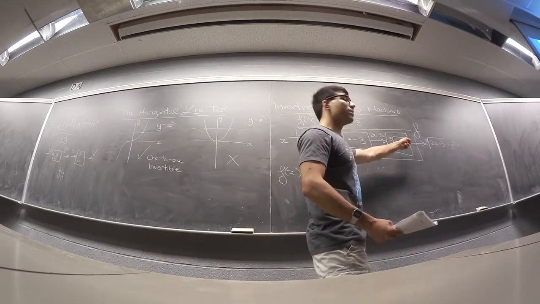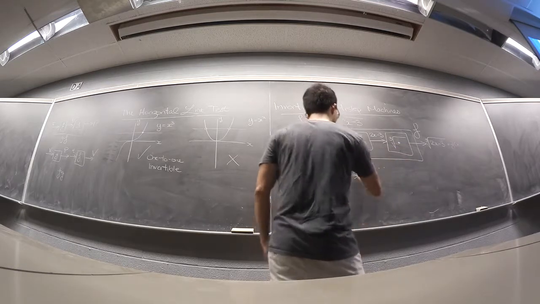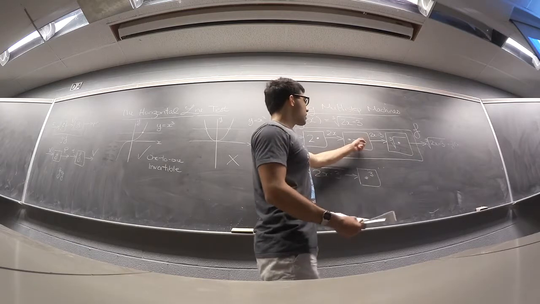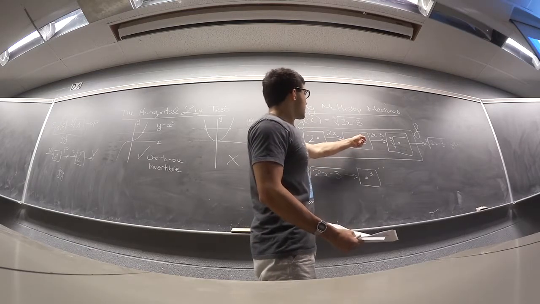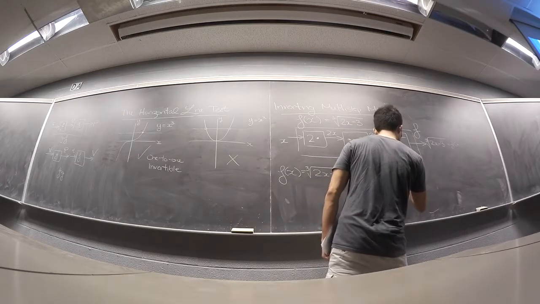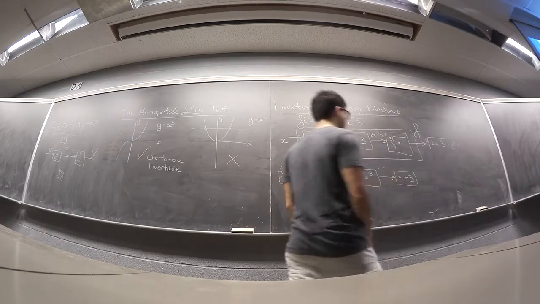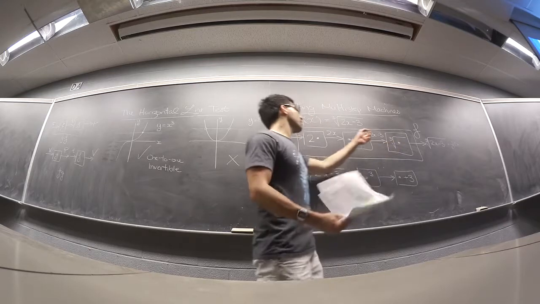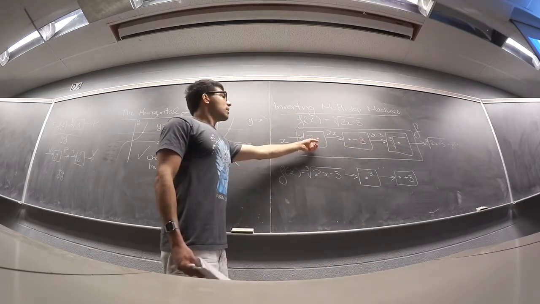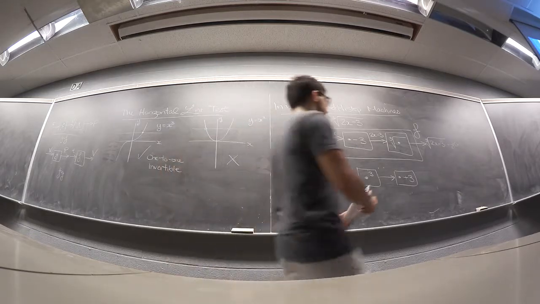Its inverse is the cube function. Then this guy. Its inverse is adding 3. The opposite of taking the cube root is cubing. The opposite of subtracting 3 is adding 3. They undo each other. The inverse of multiplying by 2 is dividing by 2.